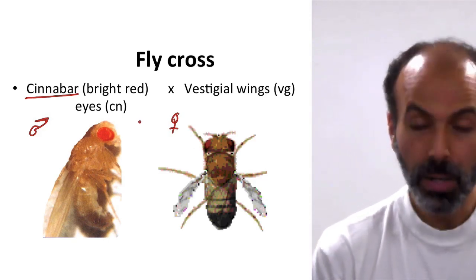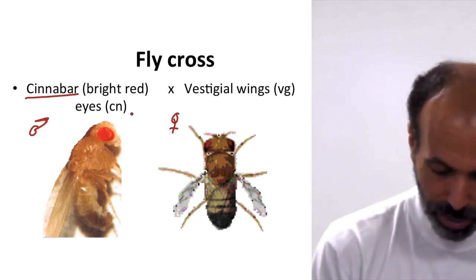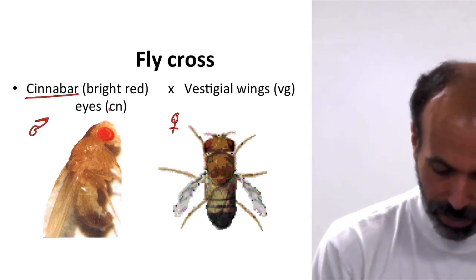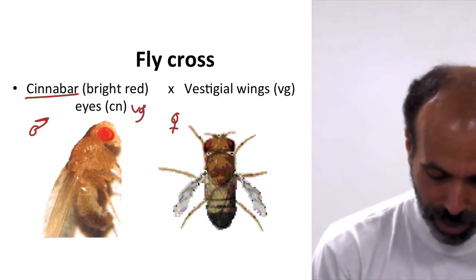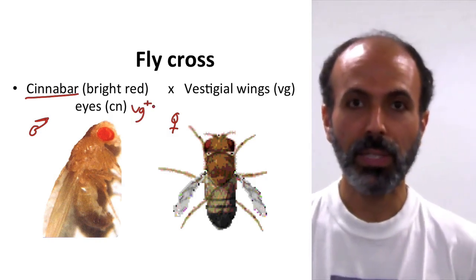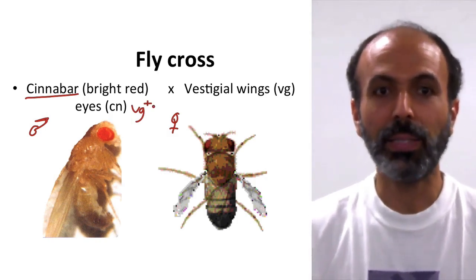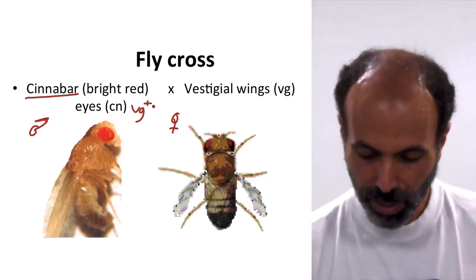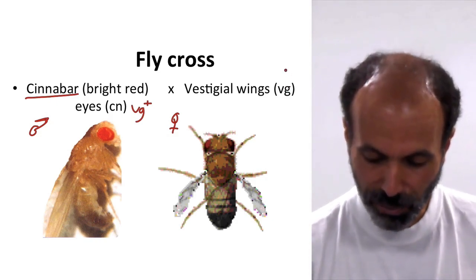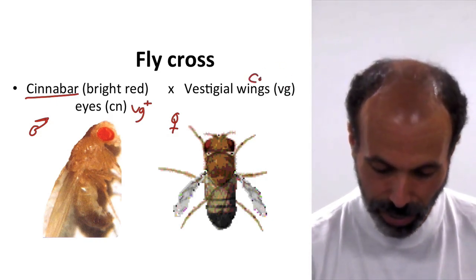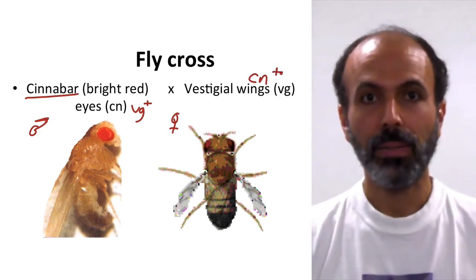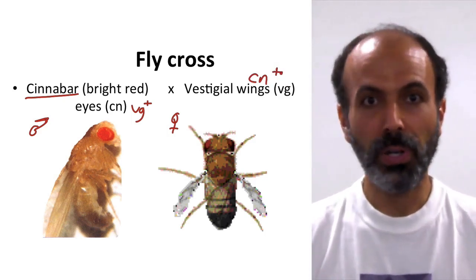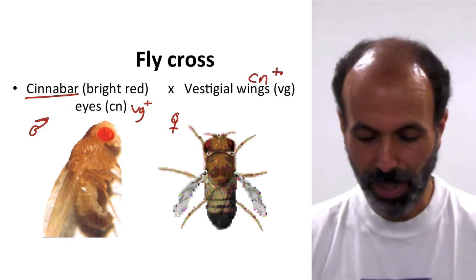Now these males here have normal wings. So we can say that they are cinnabar, so they have the CN, but they are VG+, because they have the normal copy, not the mutant copy of this particular gene. In contrast, these vestigial winged females, we can say they are CN+, because they have normal dull red eyes. They don't have the mutant bright red eyes.